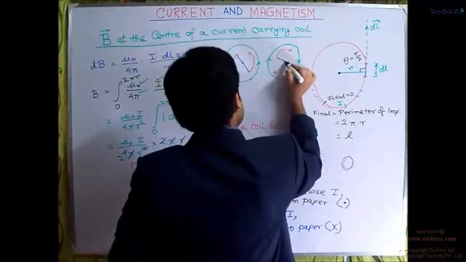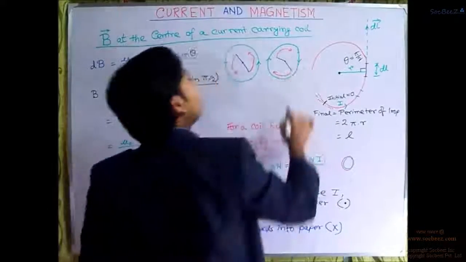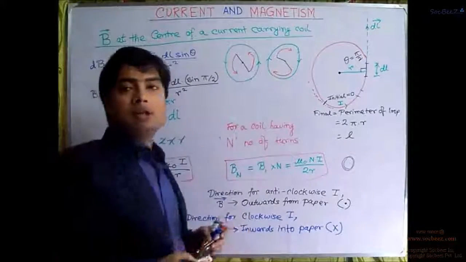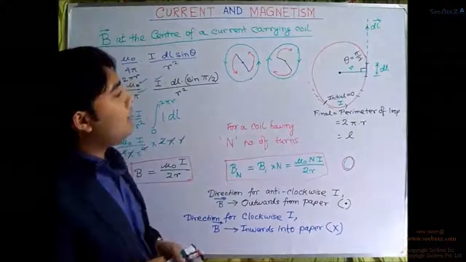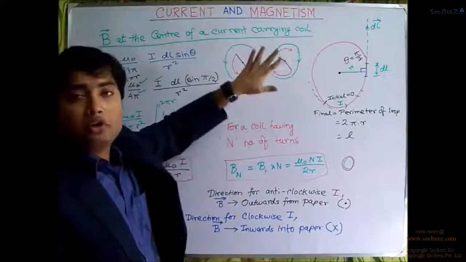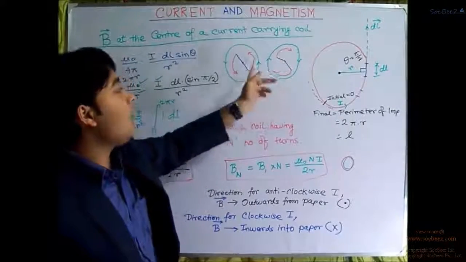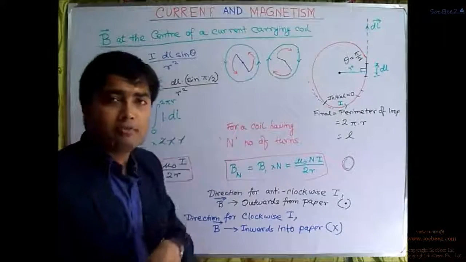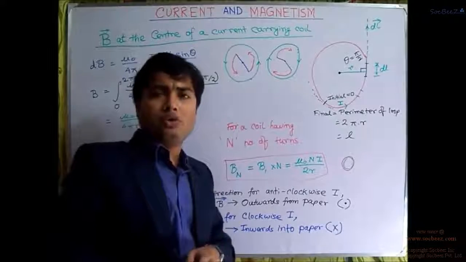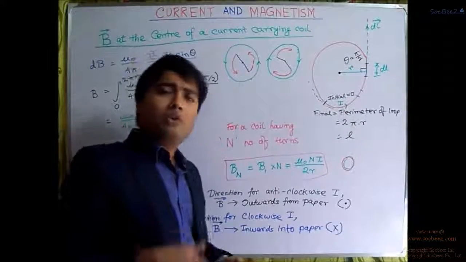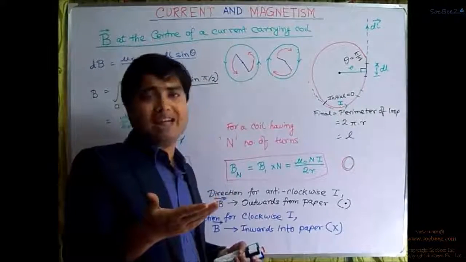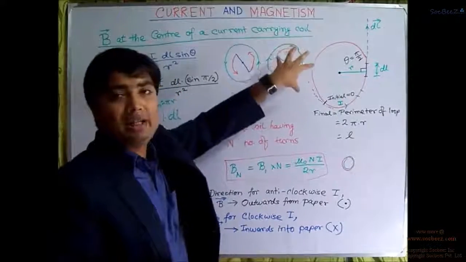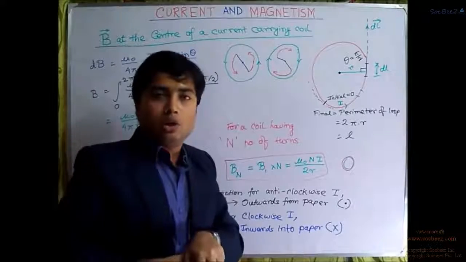This is joined, this is joined. What is it looking like? It is looking like S. So if you are looking at the paper, or a question says the current is in the clockwise direction, simply without using any corkscrew rule or your fingers, you can say that we are seeing the head of the south pole, right?